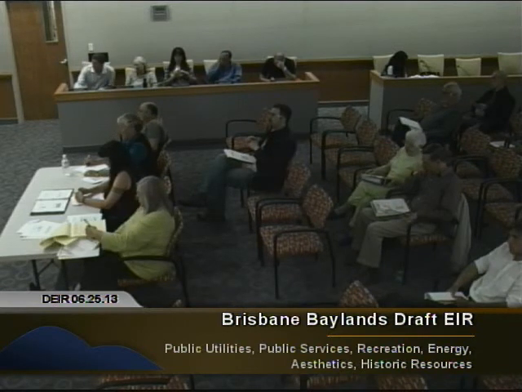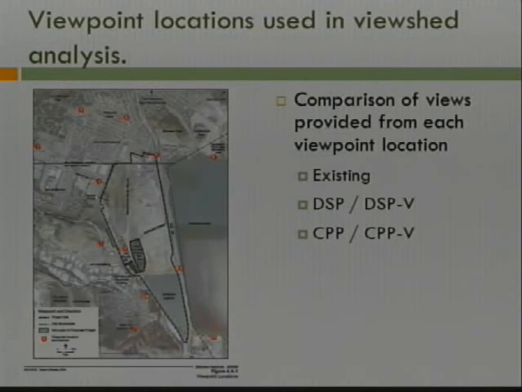So I mentioned the viewpoint locations, and there is a map in there of the viewpoint locations that are shown in red, each one looking at a view over the Baylands. One of the things that you will see is there is a comparison of three views on each page.